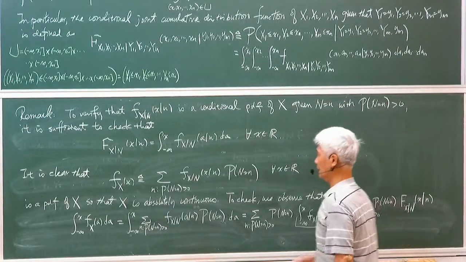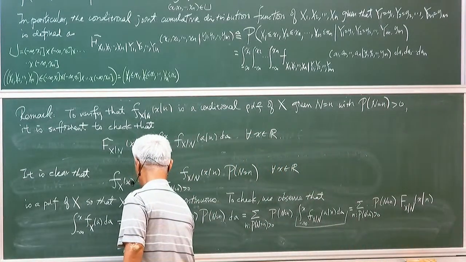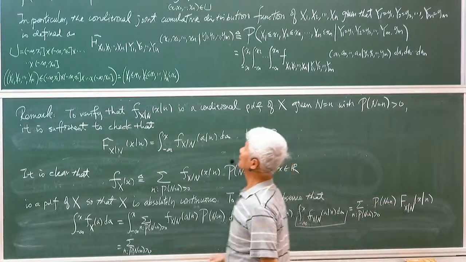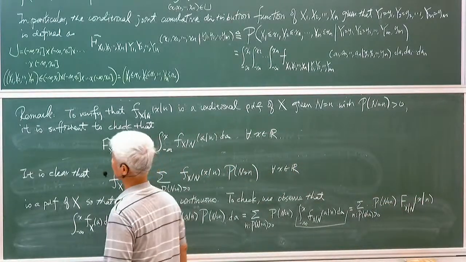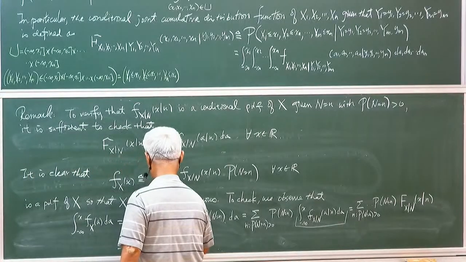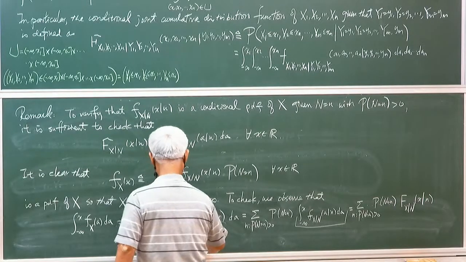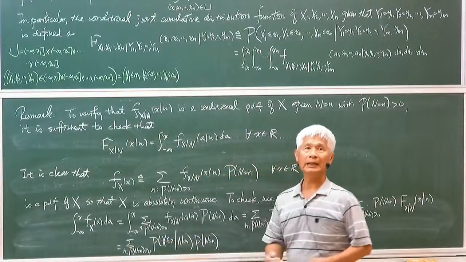Okay? But the conditional CDF, by our definition here, is the probability that X equal to x given N equal to n times the probability that N equal to n. Okay.